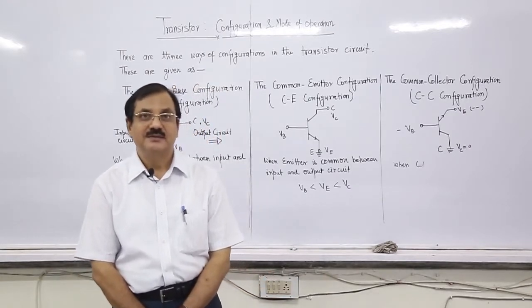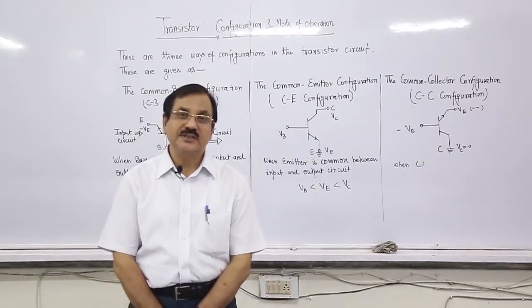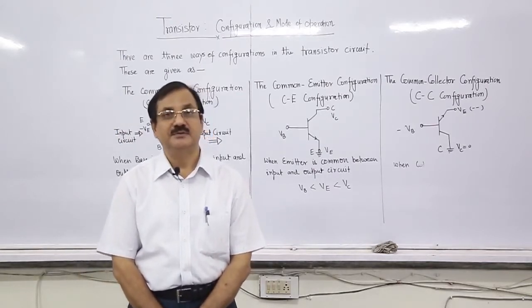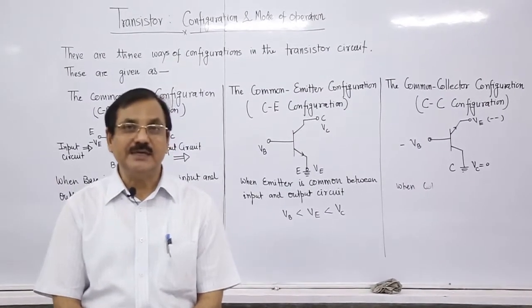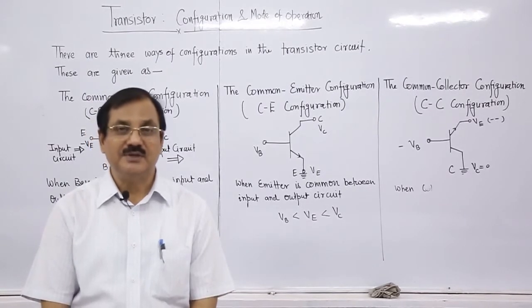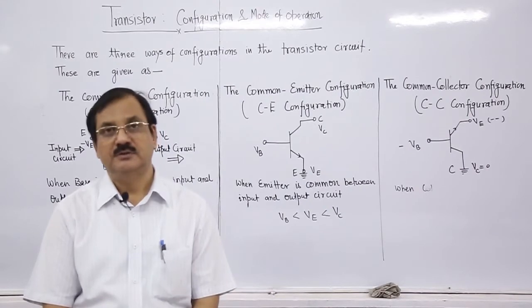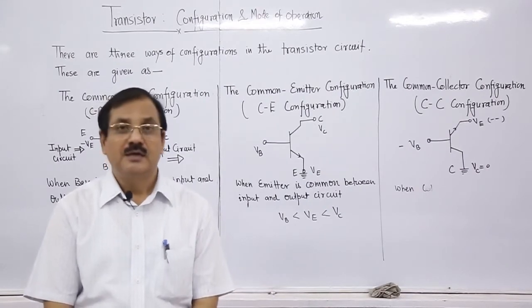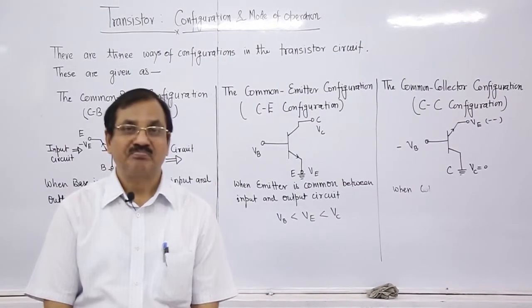emitter, base and collector. The configuration is named when a particular terminal is grounded or common between the two sections, that is the input section and the output section.